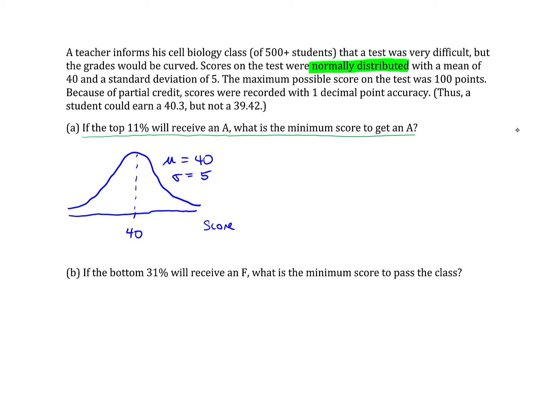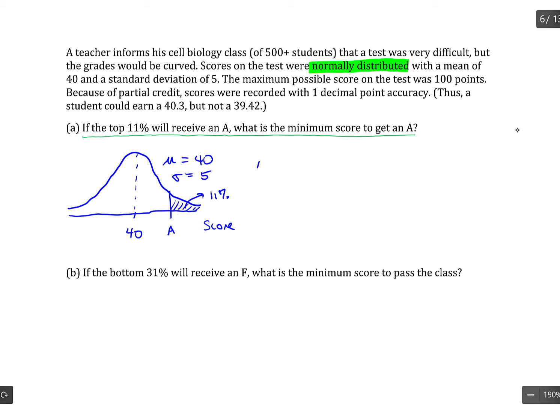All I know is that anyone who's in the top 11%, so if I shade approximately the upper 11% of scores, that is the cutoff for students receiving an A. Anything below this value would be lower than an A. Anything equal to or above would be an A. So we're trying to figure out what that cutoff is.